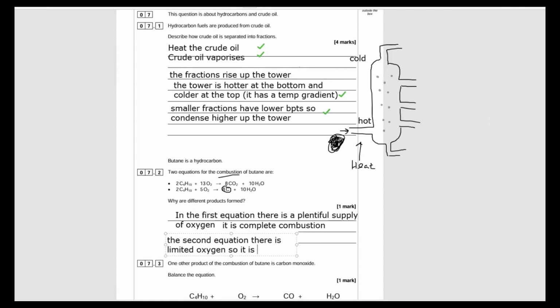So it is incomplete combustion. I know what you're thinking. Do I have to write all of that for 1 mark? No, I'm just giving you the perfect explanation. You could just say because there is not enough oxygen in the second equation, or there is excess oxygen in the first equation. It is complete combustion and incomplete combustion. You can use any parts of those that will explain it. All right, let's zing on.